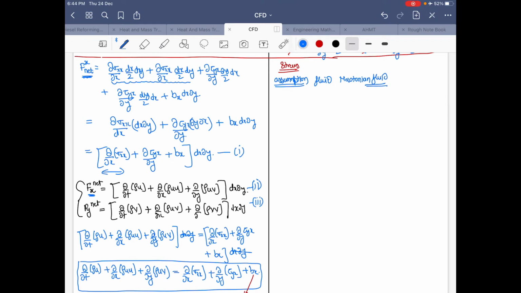So according to Newtonian fluid, we can write our stress tensor sigma ij as minus p delta ij plus lambda, that is the second coefficient of viscosity, del uk by del xk delta ij plus mu times del ui by del xj plus del uj by del xi. So this is the total stress representation when we consider our fluid as a Newtonian fluid.